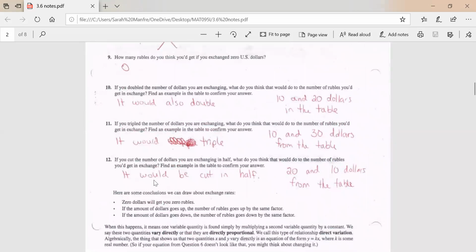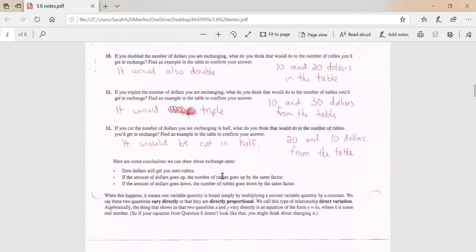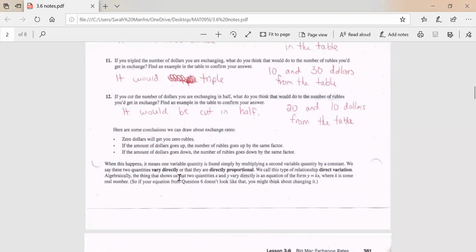Question number 12, if you cut the number of dollars you were exchanging in half, what would happen? Well, they would also be cut in half. Okay, and this is something we call direct variation, okay, because they vary proportionally. They both go up at the exact same rate.